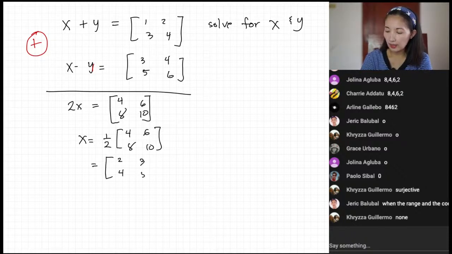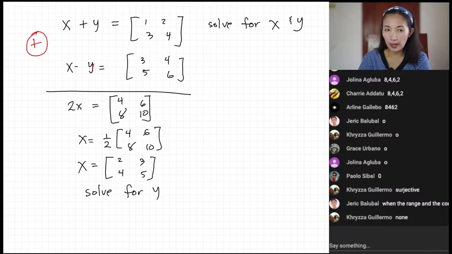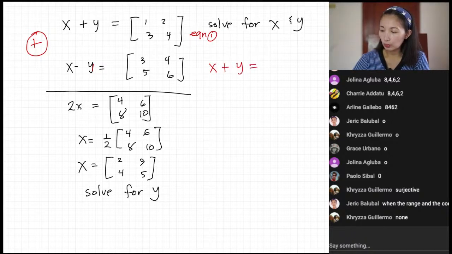That's X. And how will you solve for Y? Use any of the two equations. So if this is Y, then use either equation 1 or equation 2. Using equation number 1, X plus Y is equal to 1, 2, 3, 4.